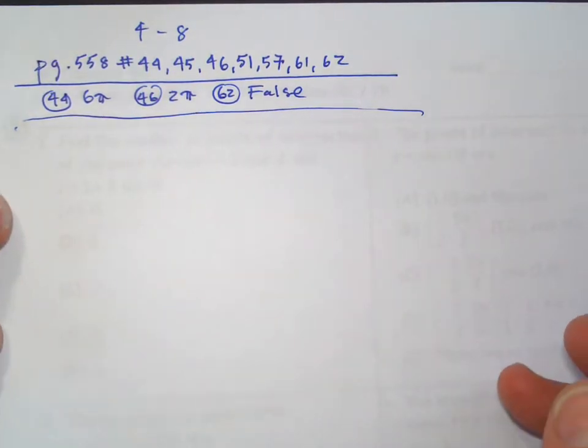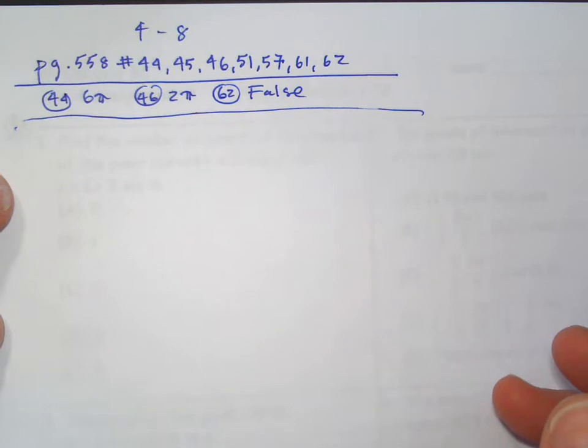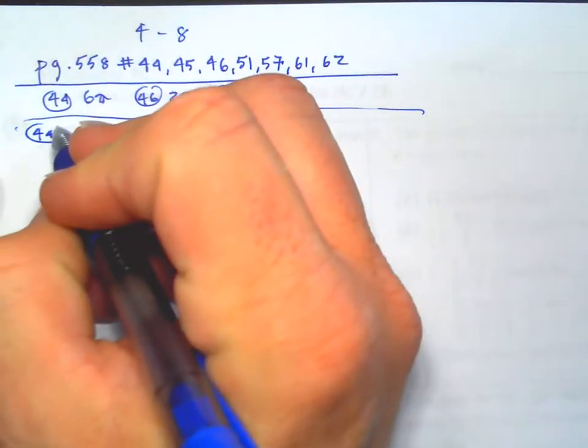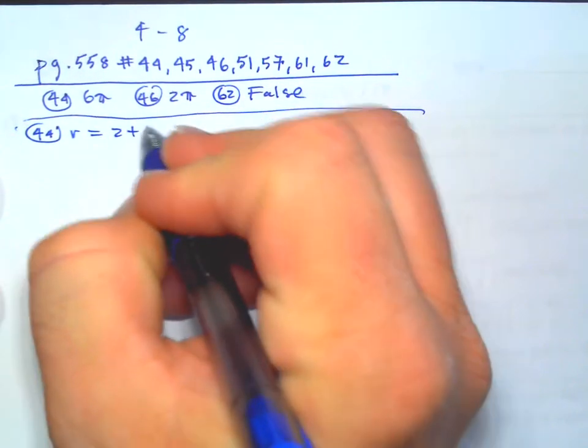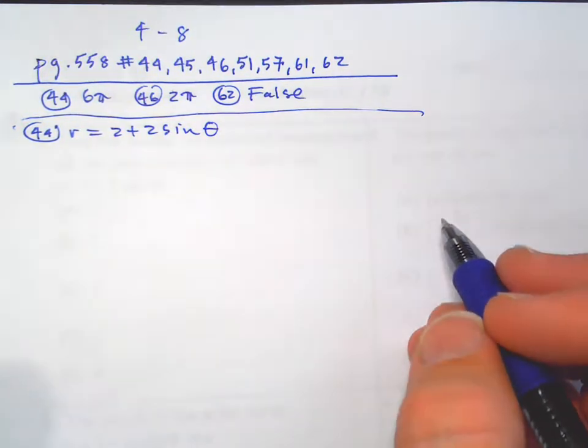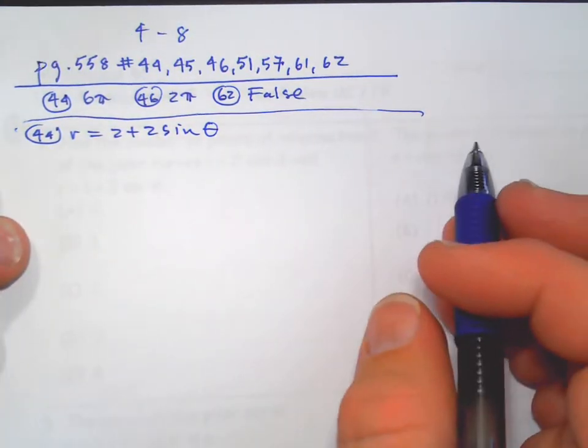So 44 is basic, find the area inside the cardioid. So nothing crazy here. I don't really think we need to sketch this one, unless we want to use symmetry, which could be handy.